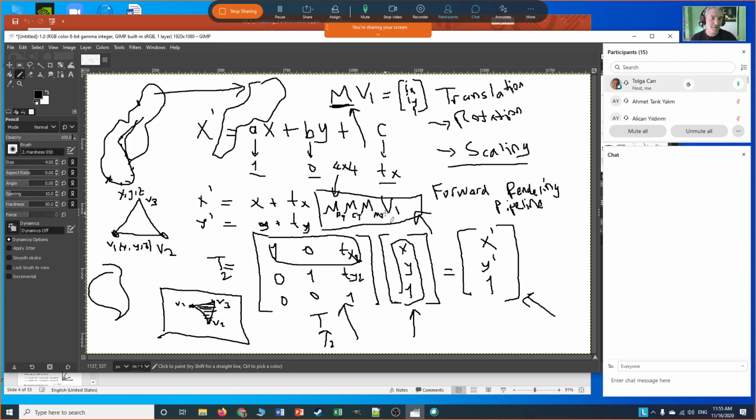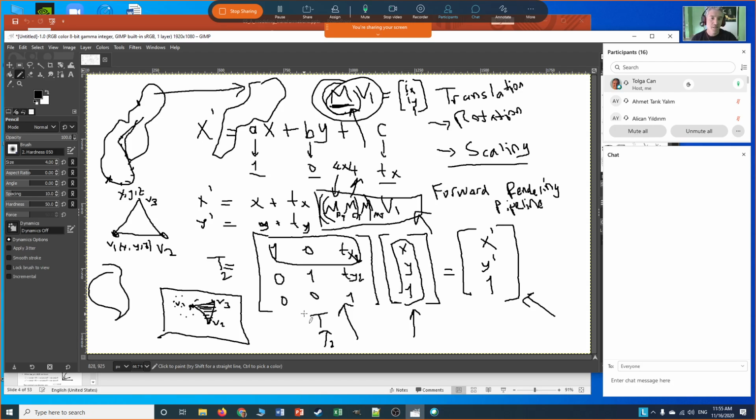Now, the good thing is that matrix multiplication is associative, meaning that instead of doing this first, then that, then this, what I can do is multiply them all together and get myself a single matrix, M. And with that M, if I multiply it with all of the vertices of an object, I will find all of the coordinates where those vertices fall on the image plane.